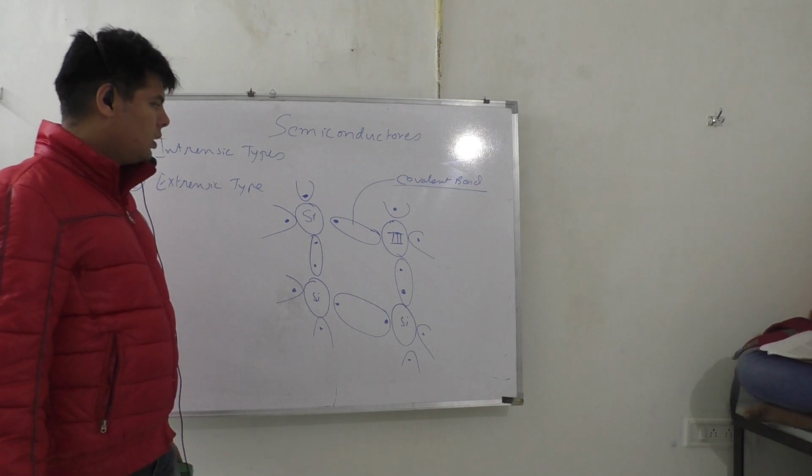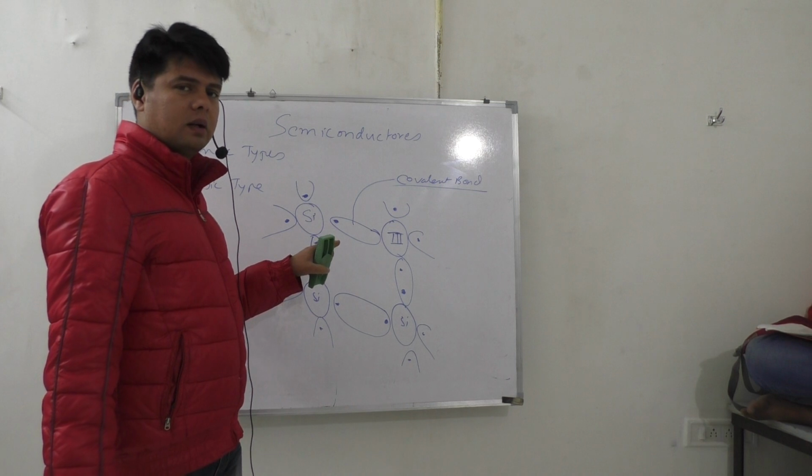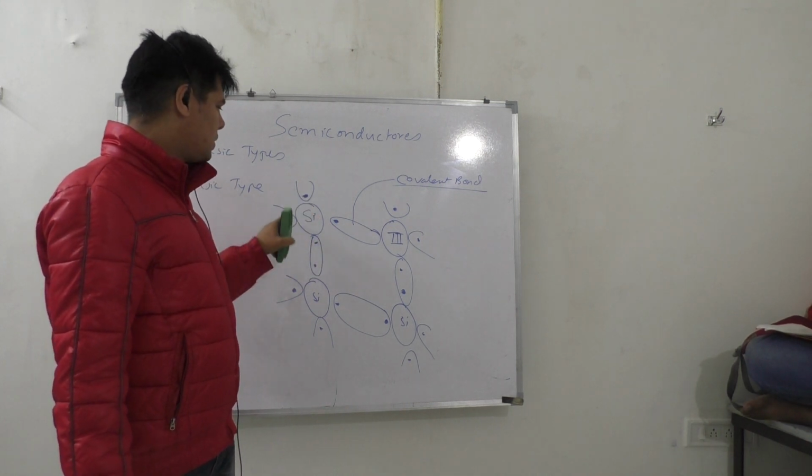Now the silicon atom has valence band electrons numbering 4, 1 2 3 and 4.